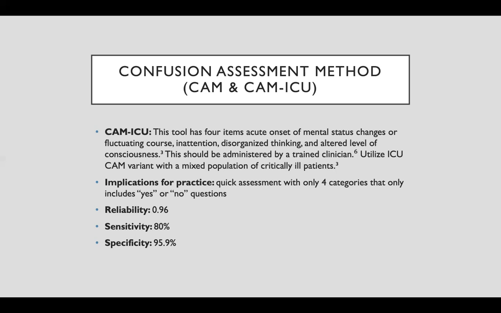So it's not specific to a certain diagnosis. Some implications for practice I found: it's a quick assessment with only 4 categories that only include yes or no options. So if your patient's intubated, they don't need to talk.